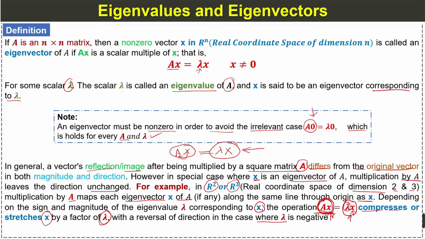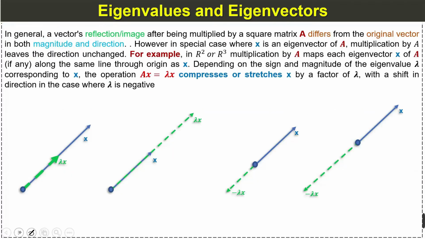Let's see this with the help of a graphical representation of eigenvectors and eigenvalues. Here the first case: this one is the original vector x. After multiplication by the matrix A, the result is lambda into x.